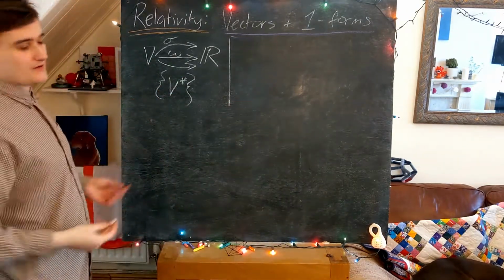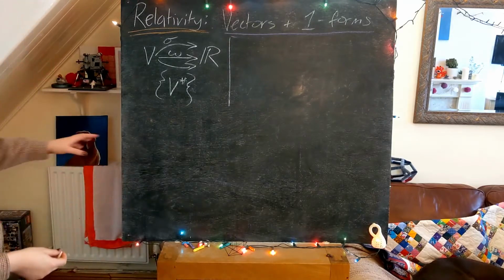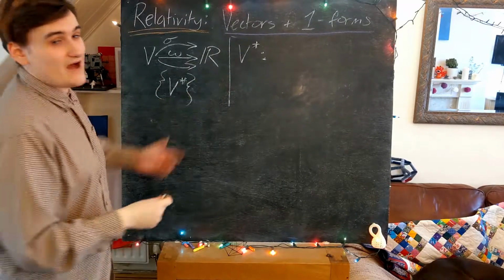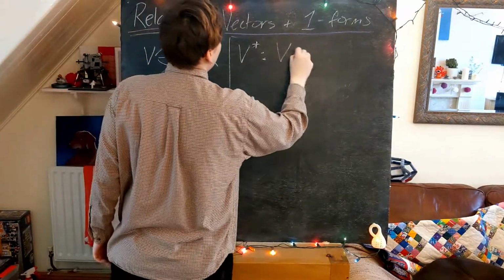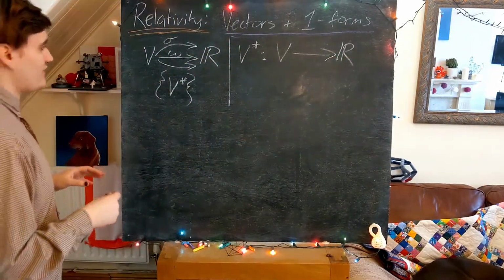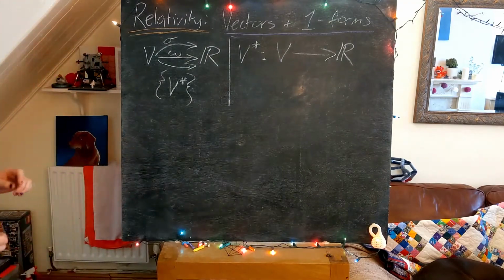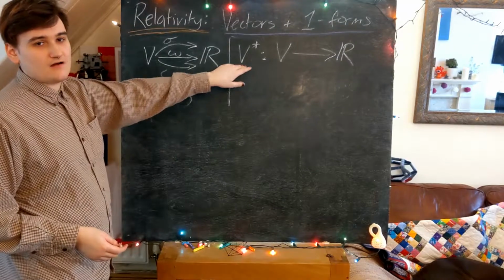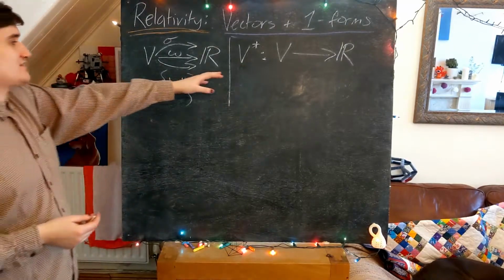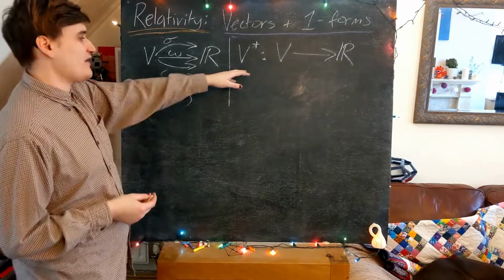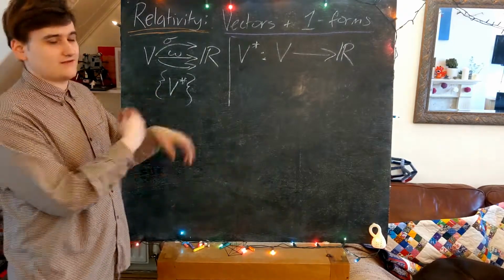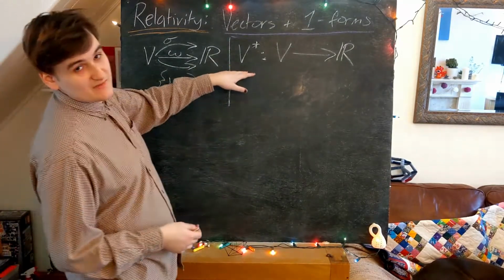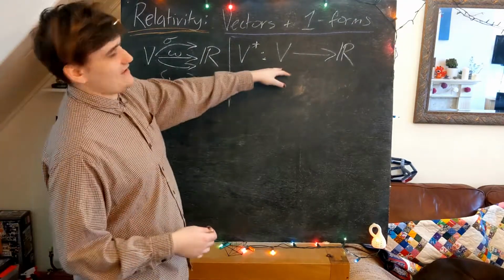The way to formally state this is that we realise V star as the set of all maps from our set V into R. Another thing we can realise is that given V star, we could consider the dual of the dual space, and we find that the dual of the dual space is isomorphic to the actual vector space.